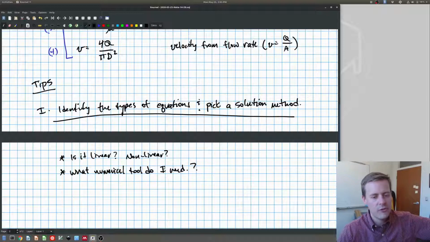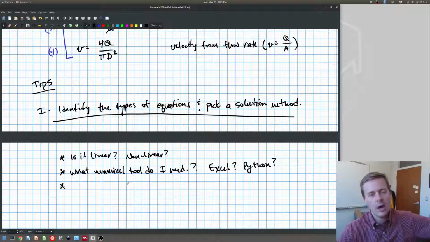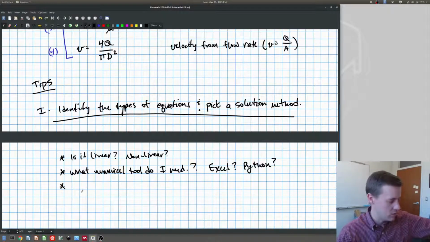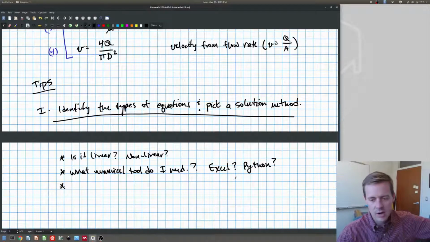Regardless, I'm going to ask, is this going to be in Excel? Is this going to be in Python? Which is the best tool to use? Or is it by hand? Obviously we're not doing it by hand in this class. This is a computational tools class, but that's the whole idea. And then once I've identified this, am I going to use numpy.linalg.solve?